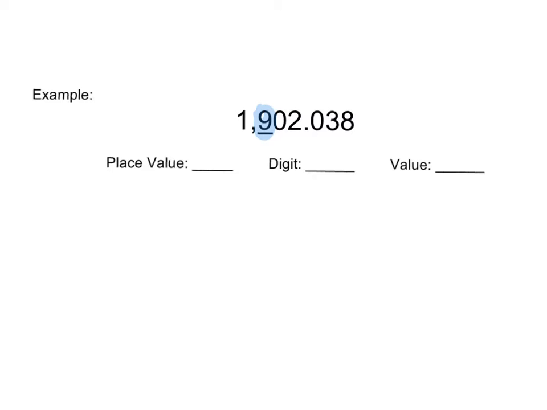Remember that place value is the location of the number. So where is that number located? That is in the hundreds place. I'm going to write it below so I have space. Hundreds place. Next, it wants you to tell them the digit. The digit is again another 9. And remember, the value is how much that digit is worth. Since it's in the hundreds place, the value of that number is 900.